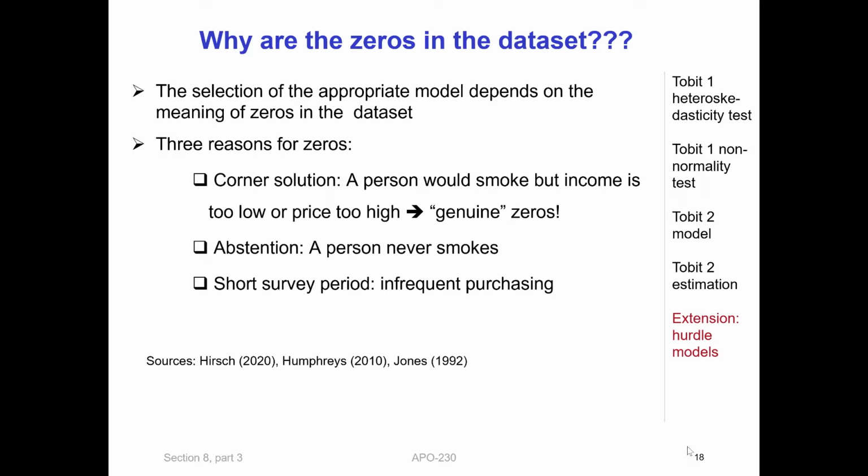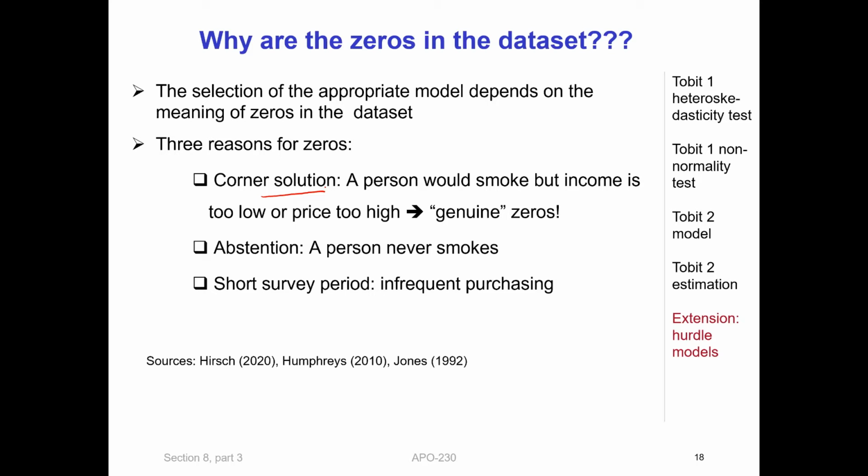Now, you remember in the introduction of topic one, I already briefly spoke about different reasons for zeros. So let's set it out again at the start. We have seen topic one is a specific model for corner solution. What does that mean? A person, for example, would in general participate in smoking. However, at the time you interview him, because of a budget constraint or because the price is too high, it's not affordable for him to smoke.